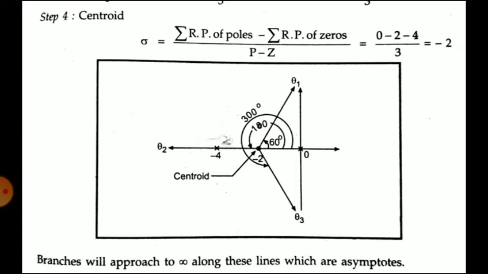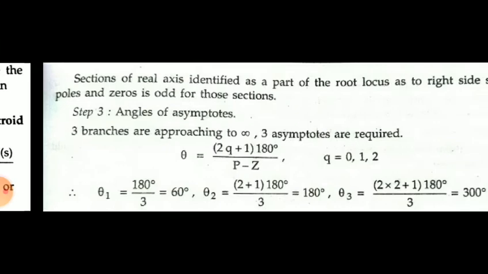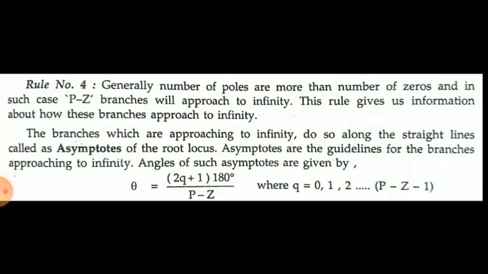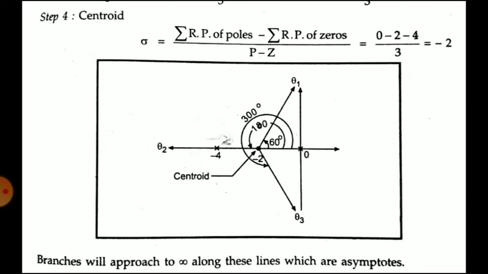The poles are 0, minus 2, minus 4, the values that we have already calculated, and that is the summation of the poles. The summation of real parts of zeros is not applicable in this case. So it will be 0 minus 2 minus 4 upon 3, that will be minus 2.